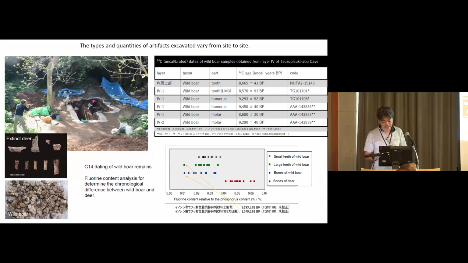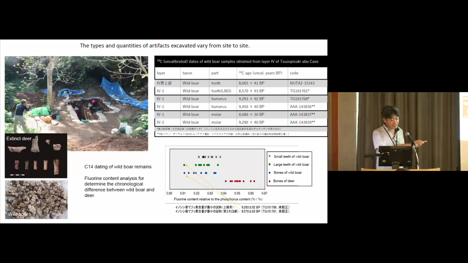Actually, we conducted a fluorine content analysis on the wild boar samples and also extinct deer fossils, in addition to the carbon-14 dating, to determine the possible chronological difference between these 2 animals. Even though these 2 animals were obtained from the same layer, the fluorine content was completely different between wild boar and fossil deer.